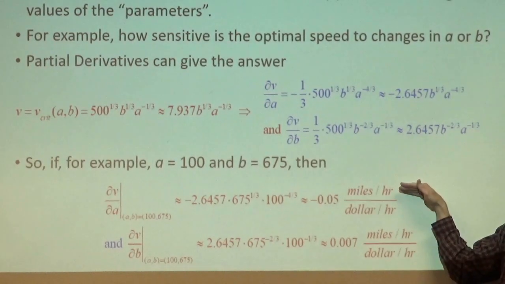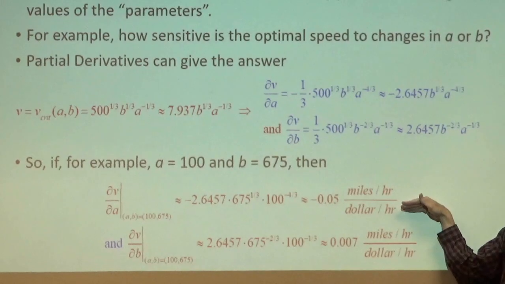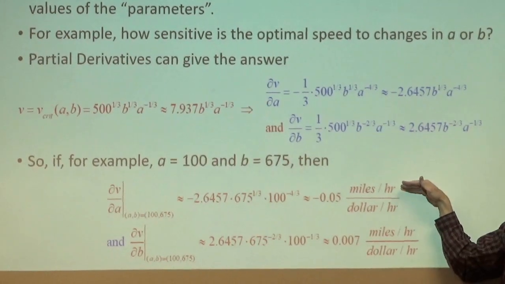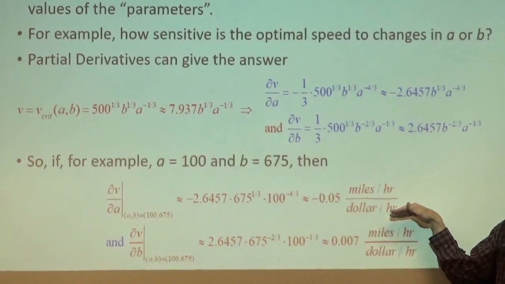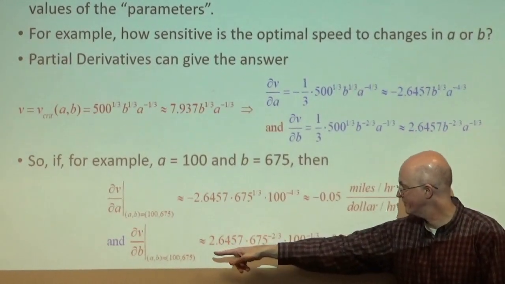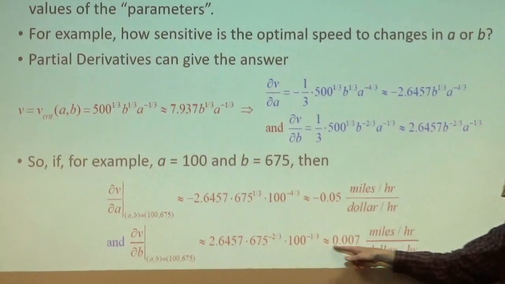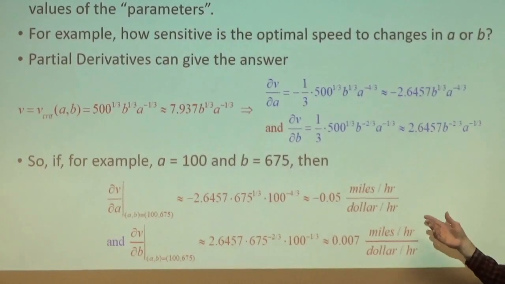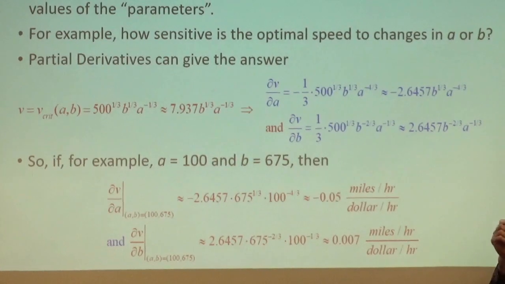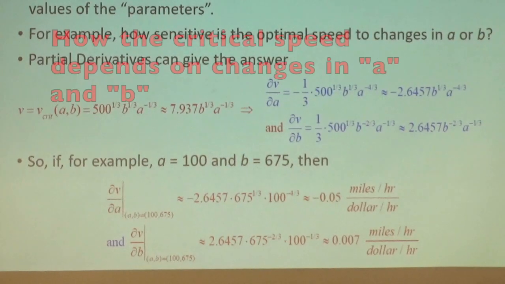Units of velocity per unit of cost in dollars per hour. Right? V is a velocity. A is a cost in dollars per hour. On the other hand, the partial derivative with respect to B, when I plug in the particular points, gives you about this. What do these things tell you? They're telling you how your minimum speed depends on changes in A and B.